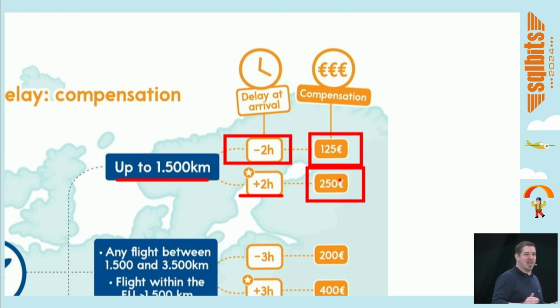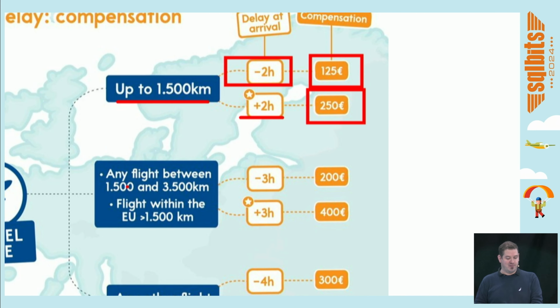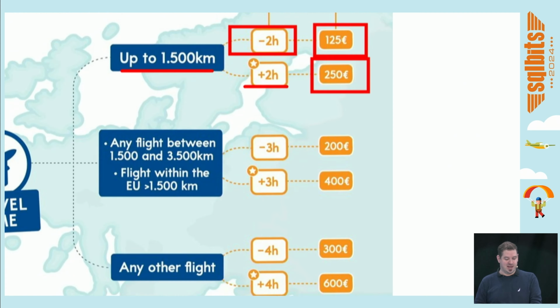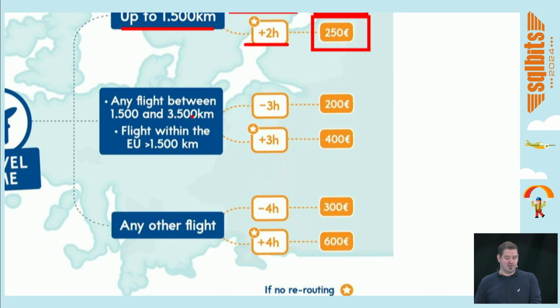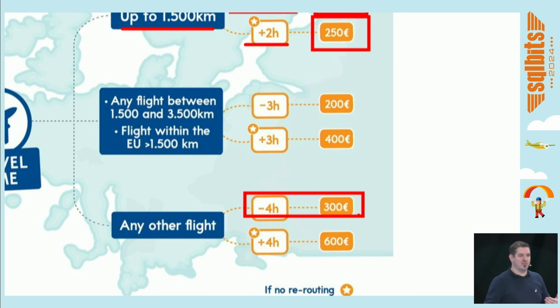I'm not sure if this ever happened in the history of flights. The same for if it's between 1,500 and 3,500 kilometers, and my highlight, more than 3,500 kilometers. So if you fly to Los Angeles and you arrive 4 hours ahead of time, you will get 300 euros back. So yeah, if you didn't learn anything today, probably this.